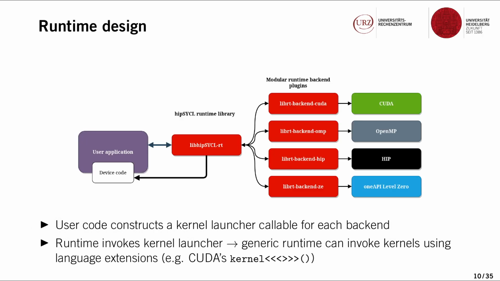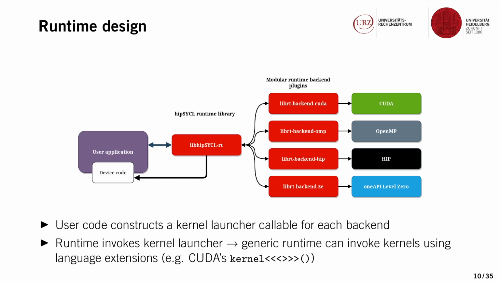hipSYCL provides a multi-backend runtime based on plugins. Currently we have four backends for CUDA, OpenMP, HIP, and also a new Level Zero backend that I will talk about more in a second. And the idea is that in hipSYCL, the SYCL headers actually construct a function object that we call a kernel launcher.